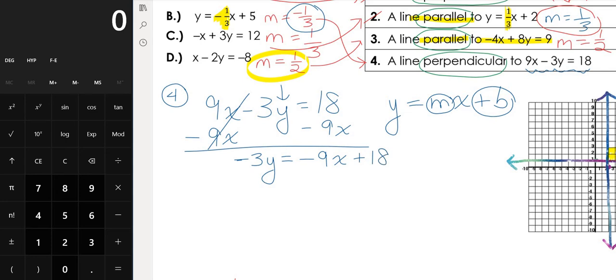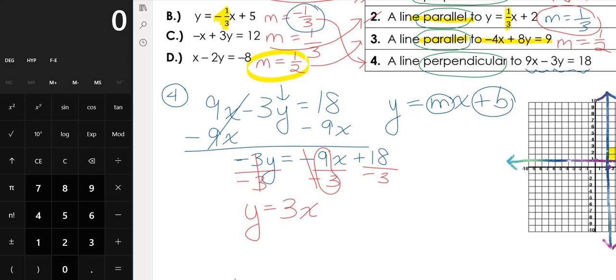And now I'm almost done. I have to get rid of that negative 3. So every term gets divided by negative 3. So now I have y equals negative 9 divided by negative 3. The negatives cancel. So now we have 9 divided by 3, which does divide evenly, and you get 3x.